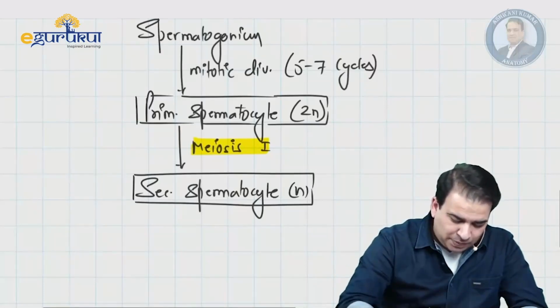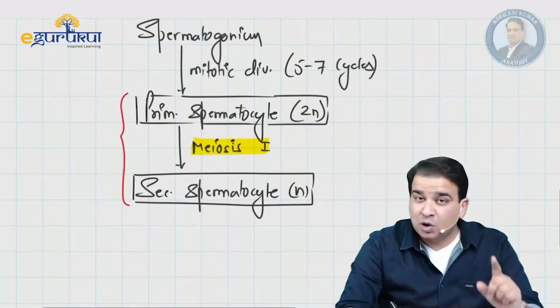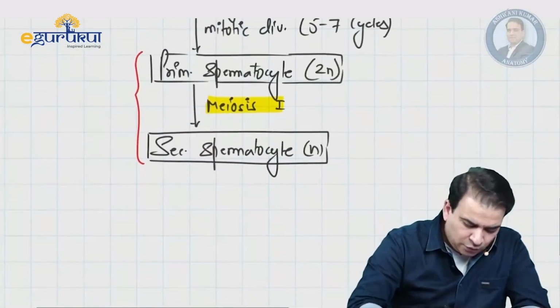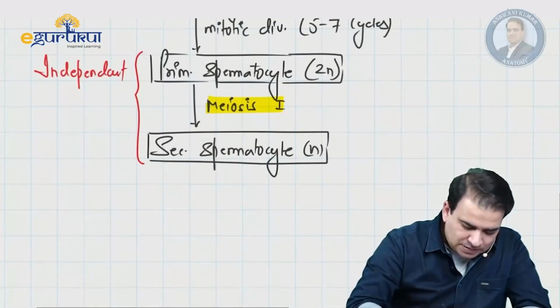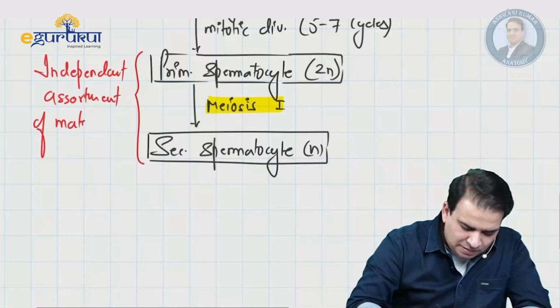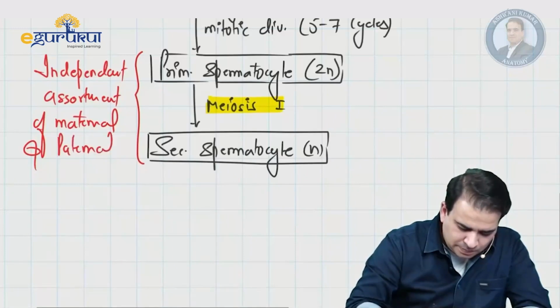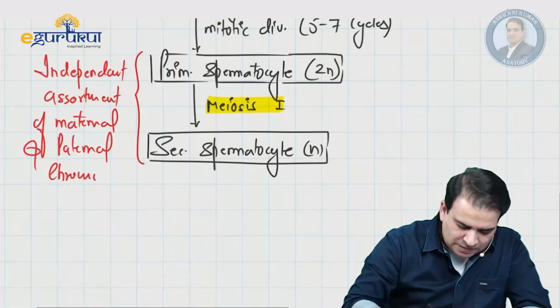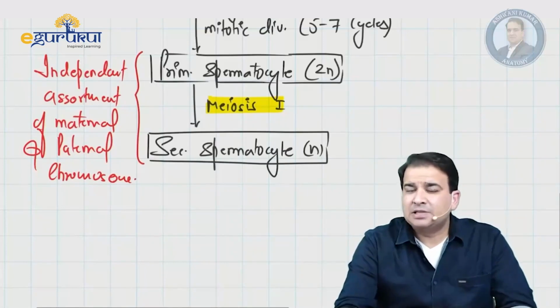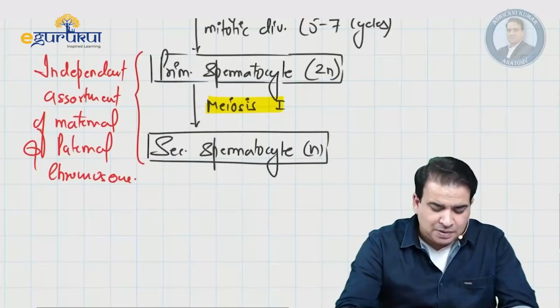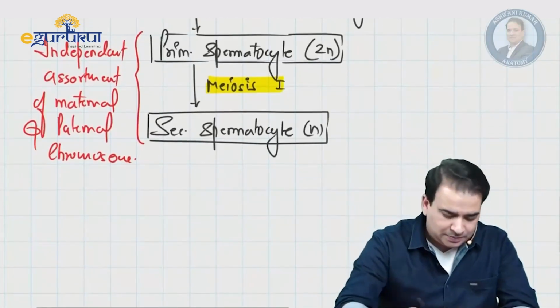So please note that from the primary to secondary spermatocyte, or you can say meiosis 1, this is the stage for the independent assortment of maternal and paternal chromosomes. That's a direct question asked in the exam. The stage for the independent assortment of maternal and paternal chromosomes is primary to secondary spermatocyte, or you can say meiosis 1.